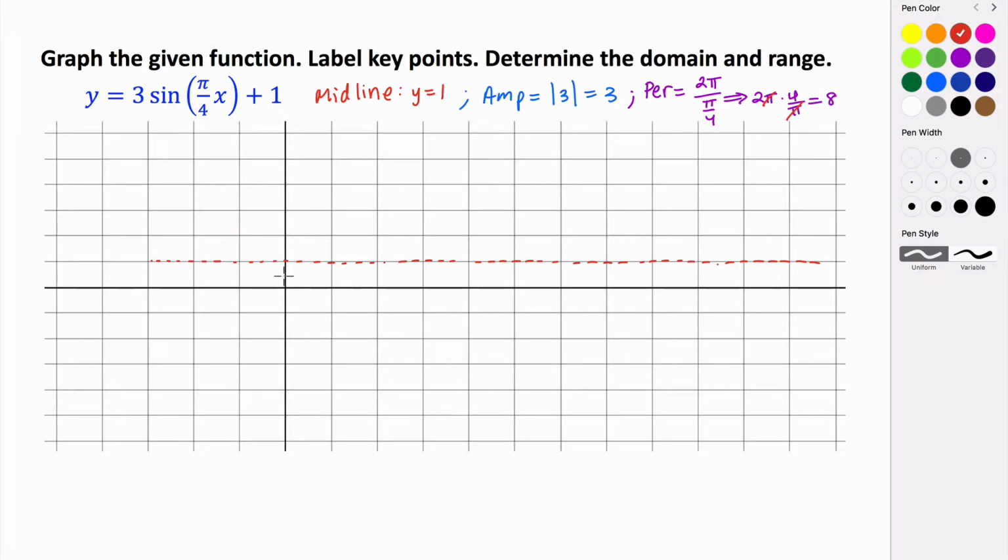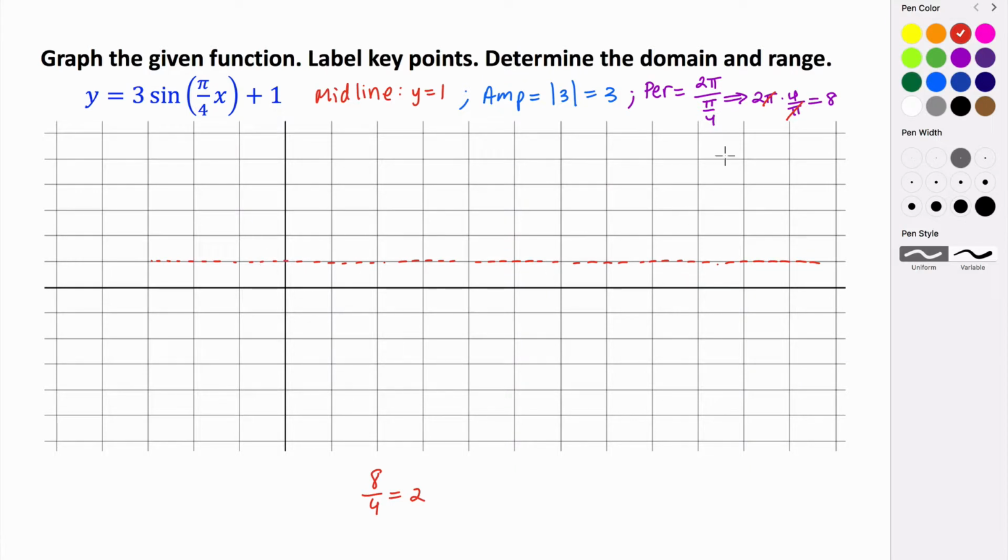So let's figure out how we should label our graph. We take the period and cut it into quarters. So 8 divided by 4 is 2. So every 2 units, we're going to have a major or a key point.